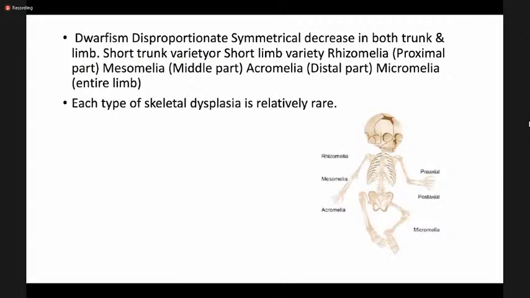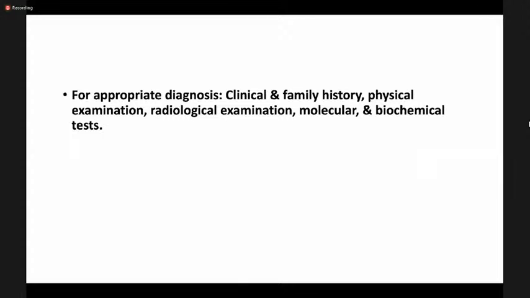Now, this skeletal dysplasia, majority of them are usually very rare. You'll actually read many of them in the books, but they are very rare. These are the ones which are more common and the ones you'll come across. Now, for appropriate diagnosis, of course, the patient will present to you.